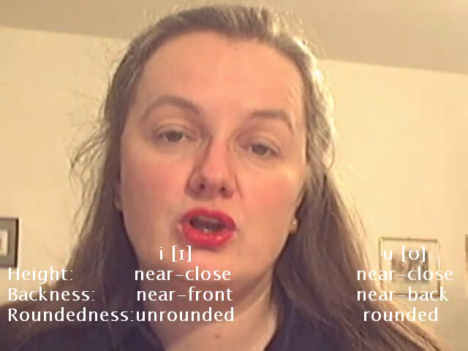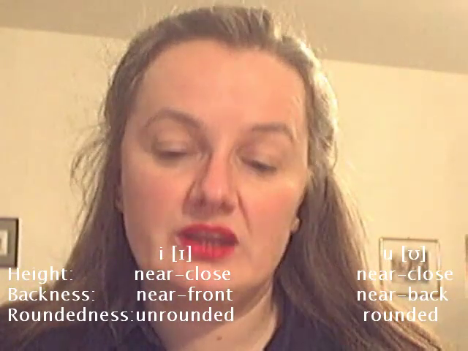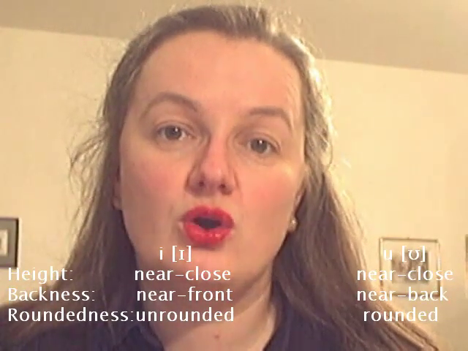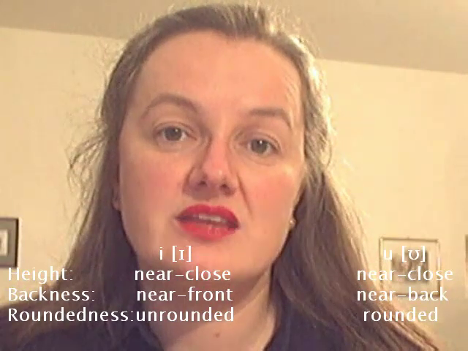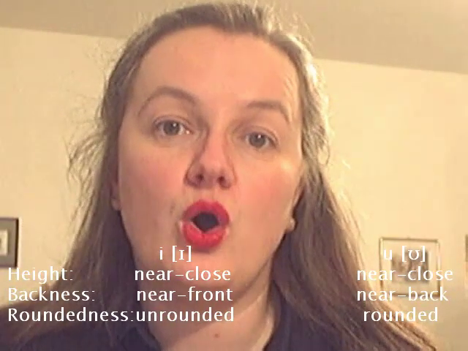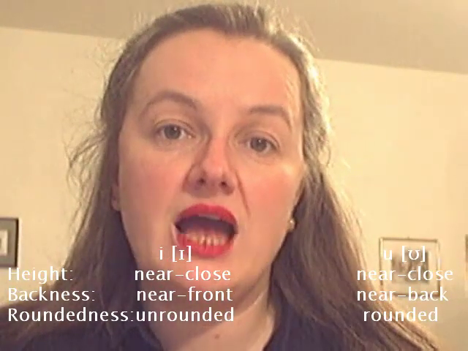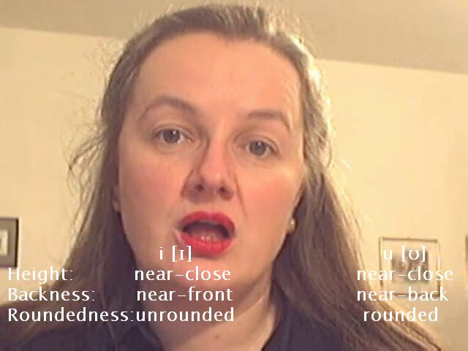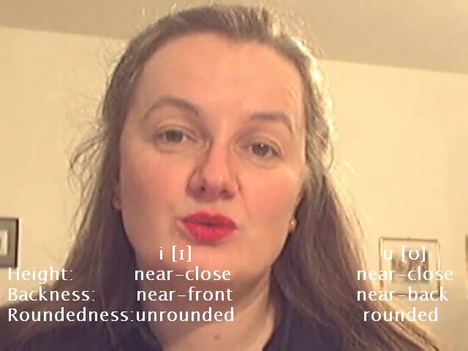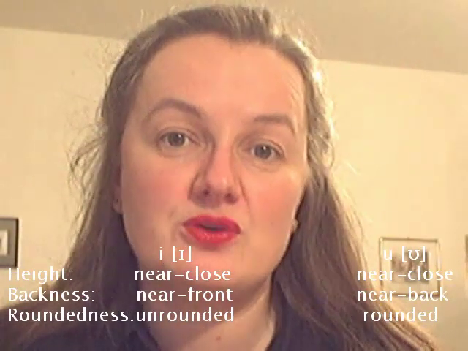So the close sound U is the closest, then comes U, and then comes O, and then comes the open O. And U, O, and the open O also have this protrudedness, which means that the inner surfaces of the lips are exposed.